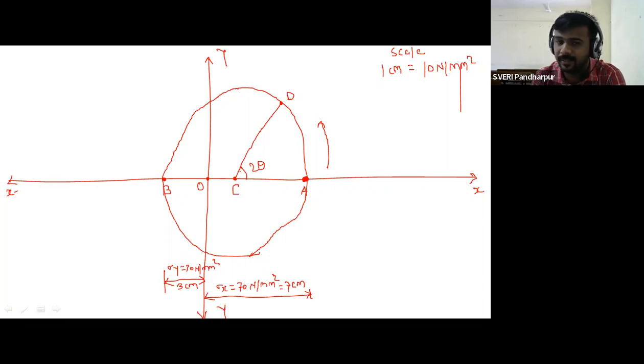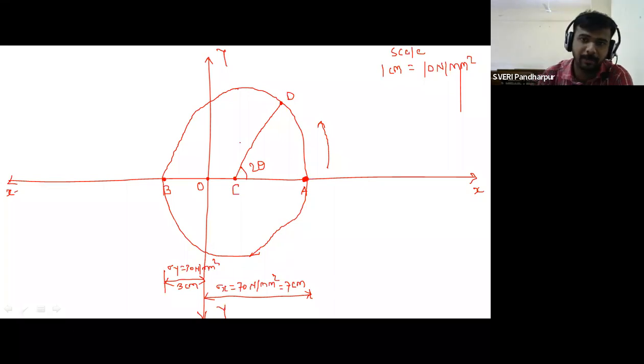That is the major principal plane, or sigma x. Point A tells you the position of the plane and the position of sigma x. So 2 theta is represented.